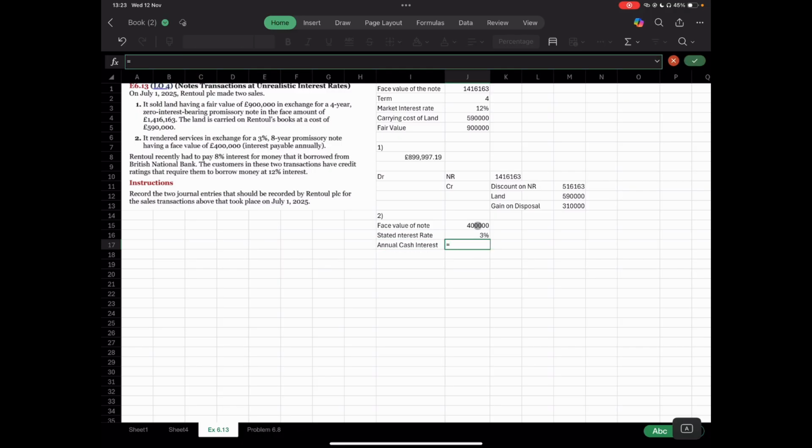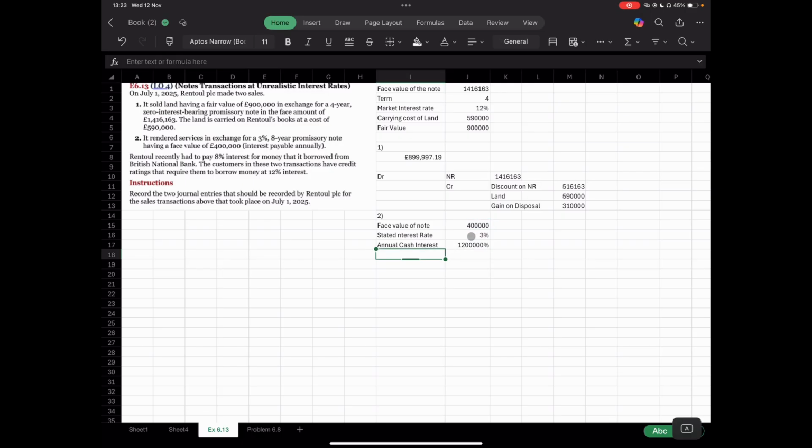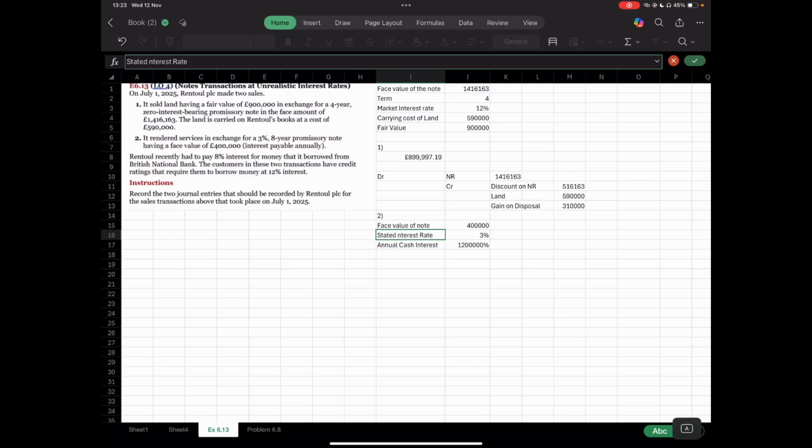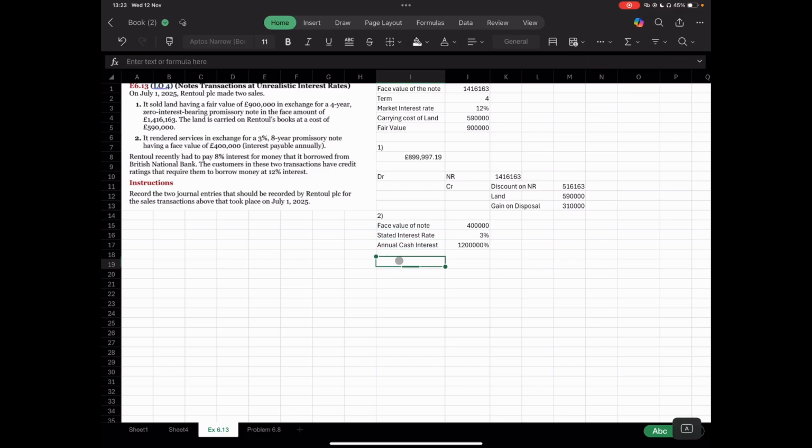We find it by multiplying the face value of the note by the stated interest rate. Term, 8 years.